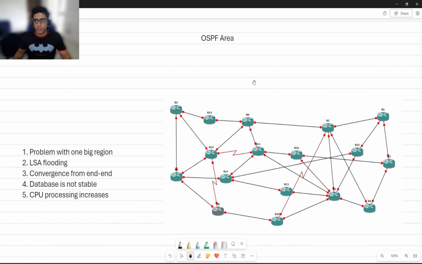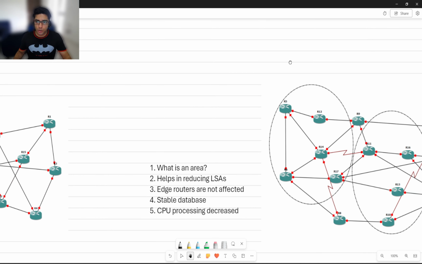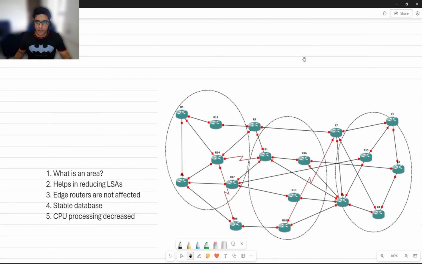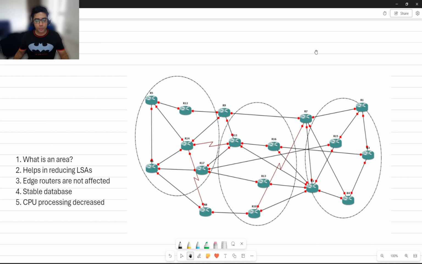So for that, we brought in different OSPF areas. Dividing a bigger or single OSPF area network into smaller OSPF areas is what an area is all about. You can see that in this diagram there are three areas. And what is the advantage of having an area?